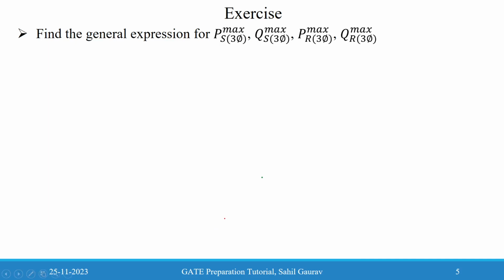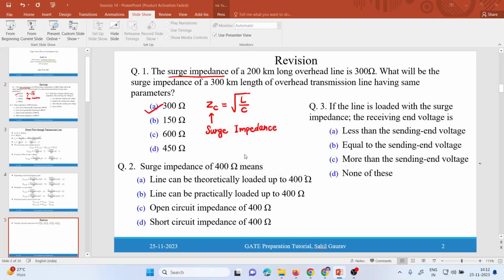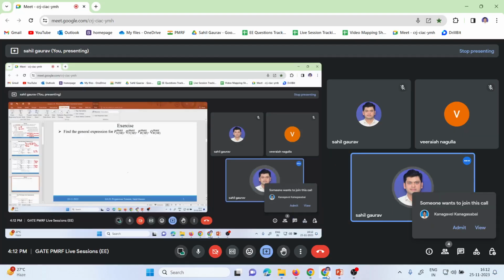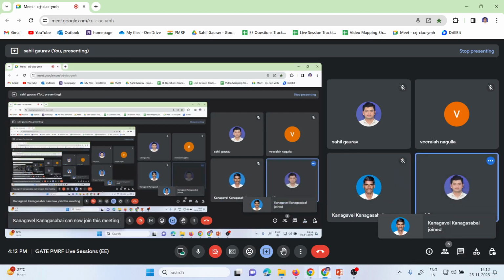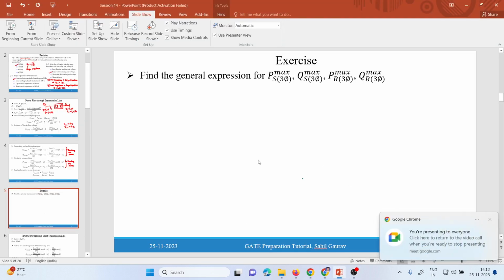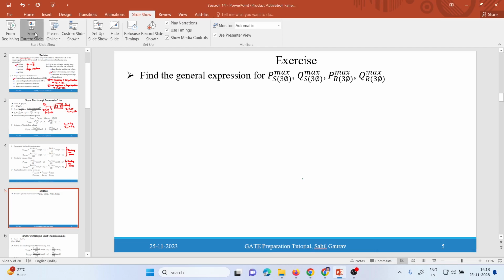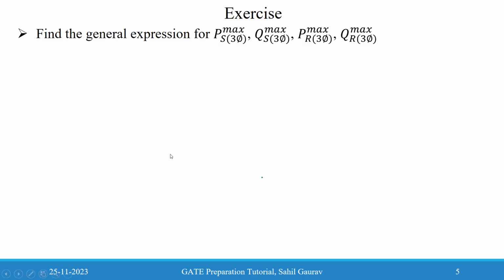Now suppose you need to find the general expression for the maximum value of sending end power. I am writing the final expression, but you may derive this using the power angle curve. You may refer to the Stevenson book.